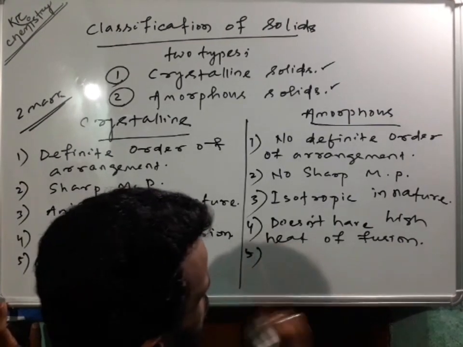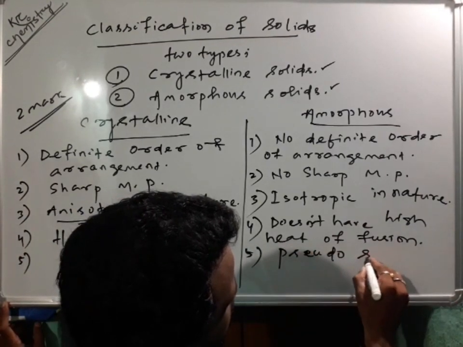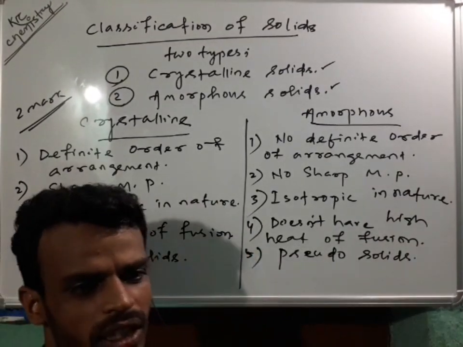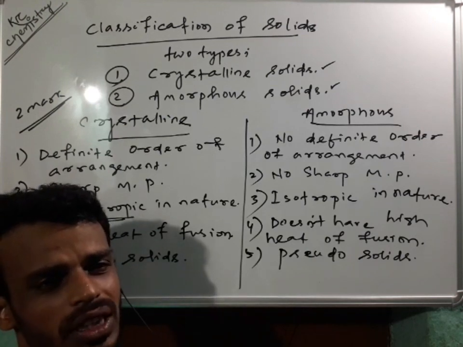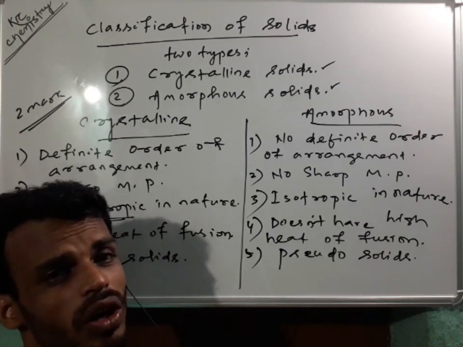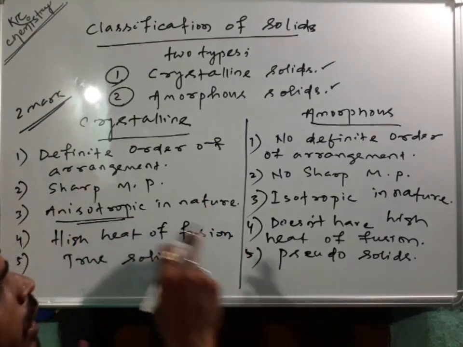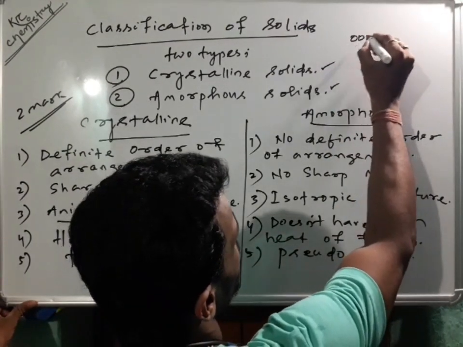But amorphous solids are known as pseudo solids. Means some amorphous solids behave like true solids, but they are pseudo solids, means half solids. This behaves like a solid substance, but it is not a true solid like a crystalline solid. If we see the diagram of a crystalline solid, these are orderly arranged.